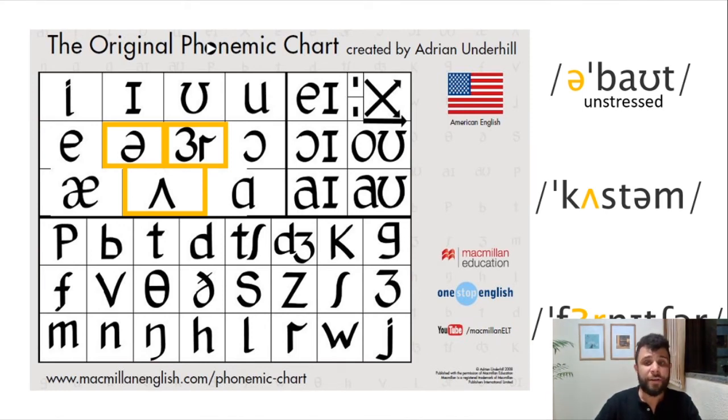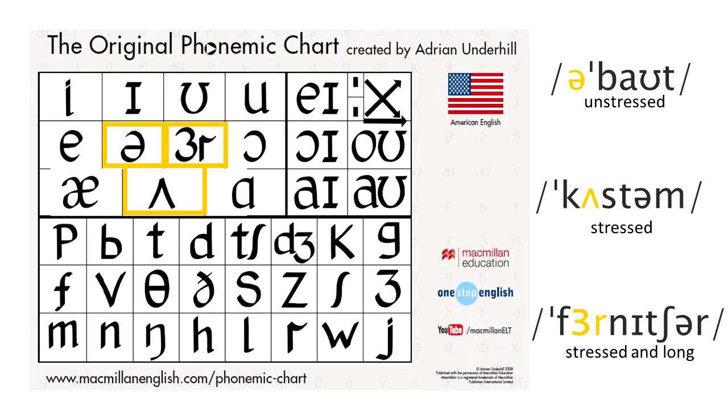Now, in this case here, I have the schwa sound, and it is stressed somehow in the word. It is the focus of the word. So, custom. Whenever the schwa is stressed, you use this one, for example. Now, in this third case here, you have the schwa, and it is stressed, but it's also long.